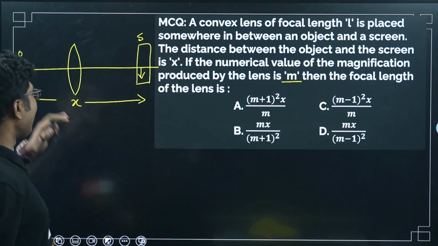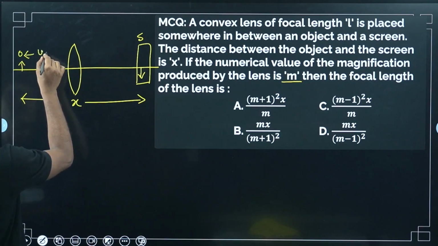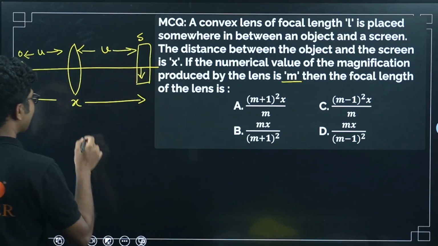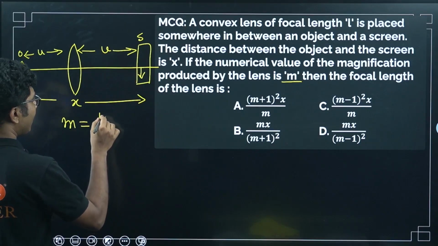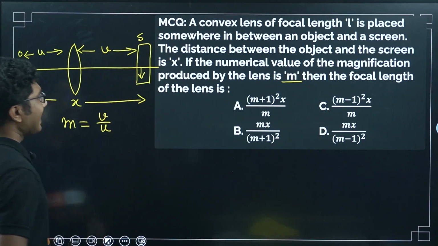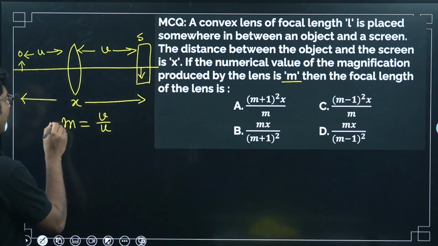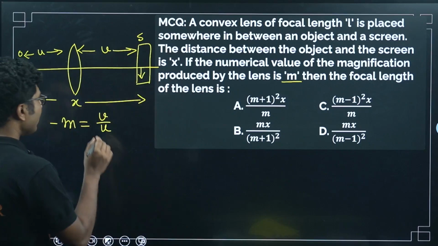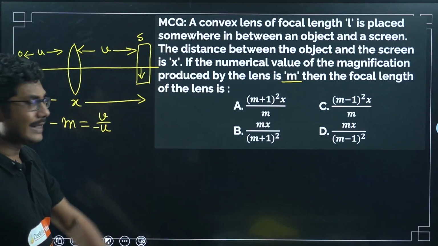Now from there we can say that if this is u, this is v, then what is magnification? Magnification is nothing but v by u, right? Now for real objects this magnification has to be negative. u is negative here, we know. v is positive here because v is on the right hand side.